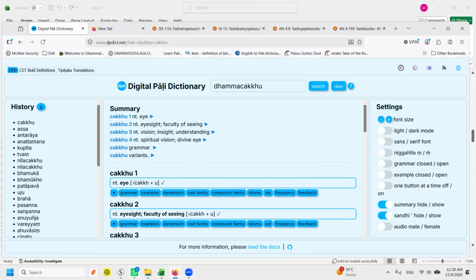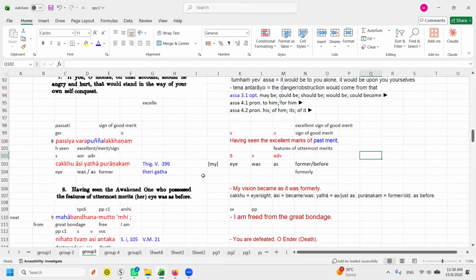Understand? So now, when we come to here, that means I put my eye, my vision here. Was formerly, so was formerly something something.